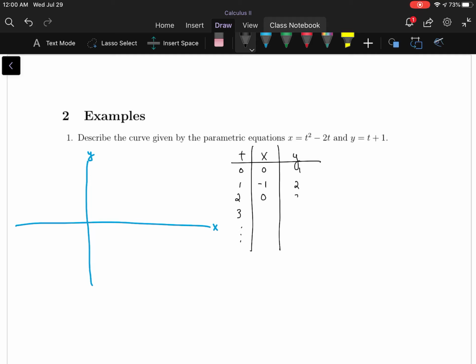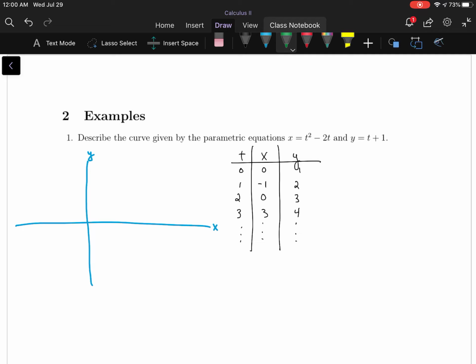And y is going to be 2 plus 1, which is 3. When t is 3, you've got 9 minus 6, which is 3. And 3 plus 1 for y, which is 4. And so this is enough to actually get an idea of what our image looks like.